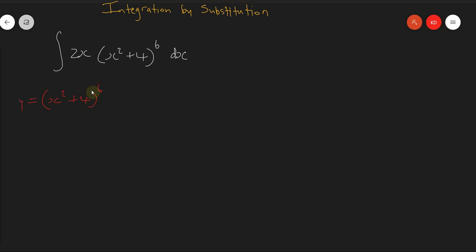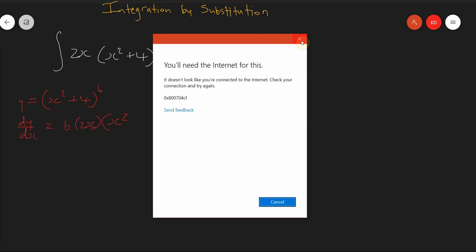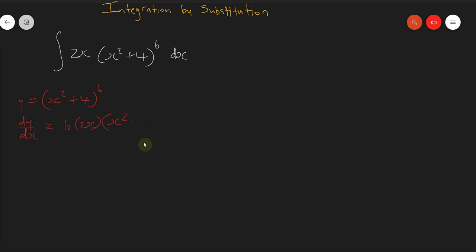If we were to differentiate this, then we would get six times 2x multiplied by x squared... sorry, I should have put a 7 there, my bad.